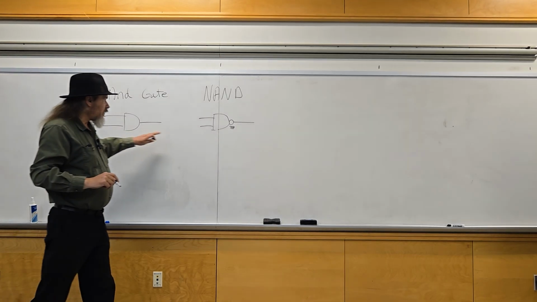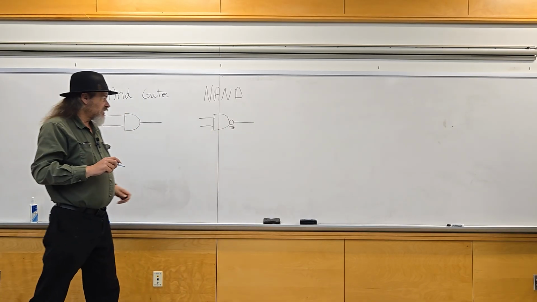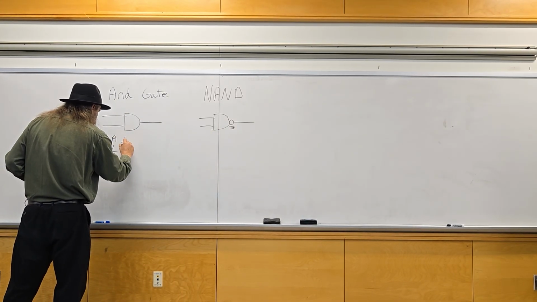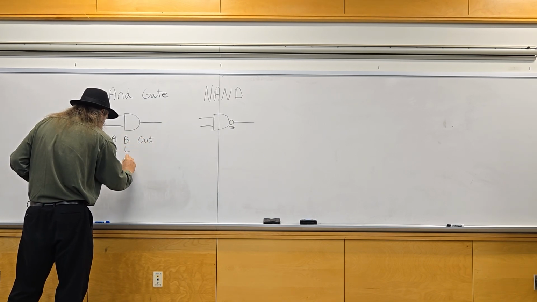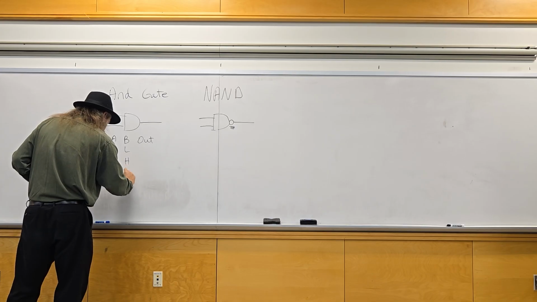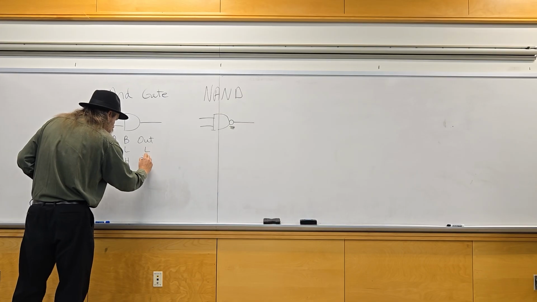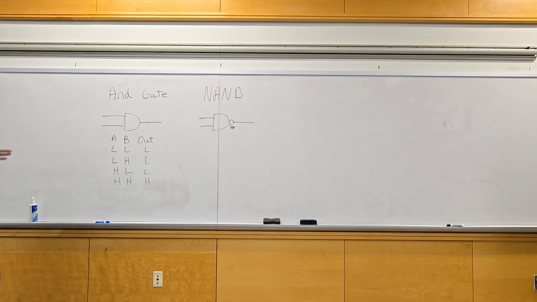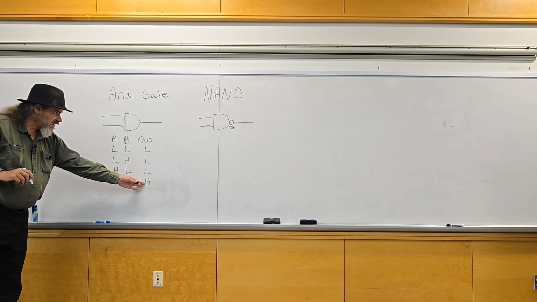The symbol is otherwise the same as the AND gate, just the output is inverted. So the state table for the AND gate is like so, where both A and B are high, the output is high.